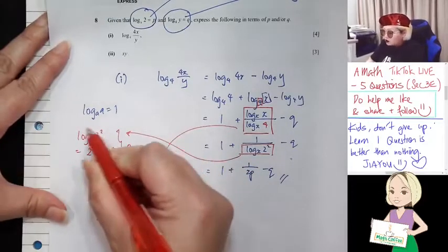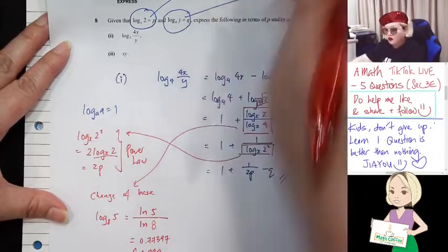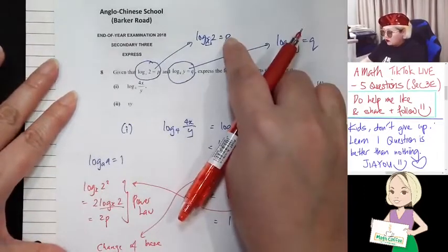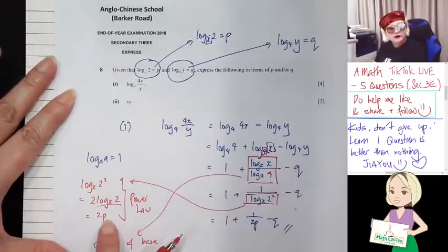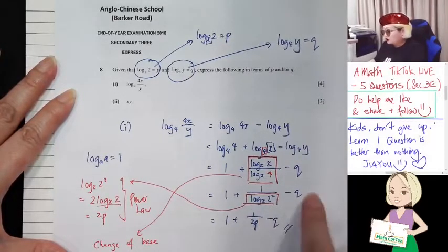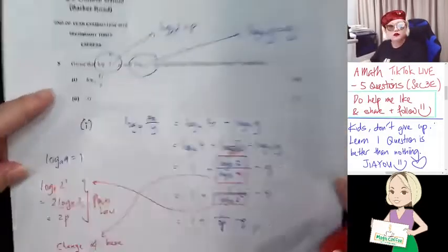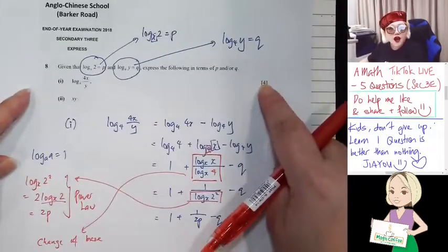I bring the 2 to the front, so it becomes 2 times this, and this thing is p. So it becomes 2p. And that's why this one becomes 1 over 2p and then minus q. And we are done. All good. This is a 4 marks question.